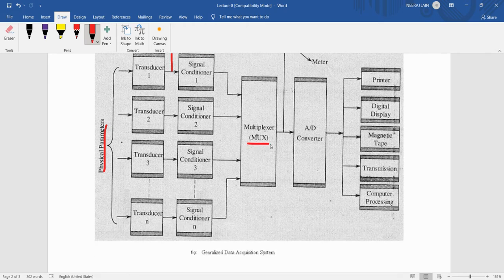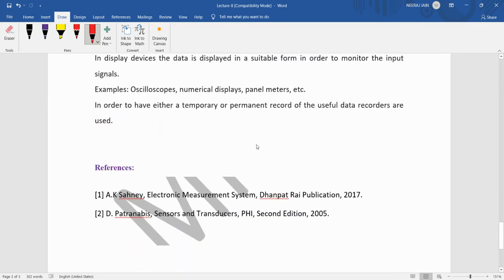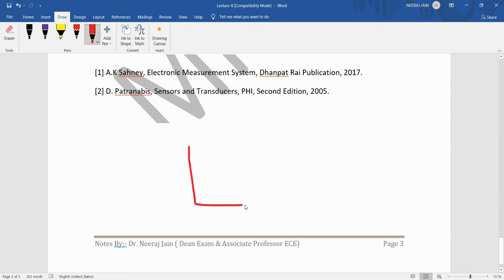Now we use the multiplexer. What is its role? There are several inputs. If we want to transmit these signals over a long distance, then for each parameter we would require a separate transmission line, which would be costlier. So multiplexers are used. A multiplexer is a many-into-one device that can transmit several signals as a single signal.